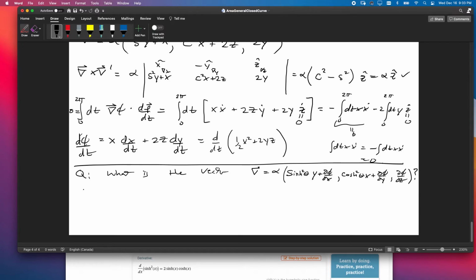I don't think it has any physical meaning, right, because v doesn't change the area. Phi does not change the area. So if I change phi, it doesn't change the area.